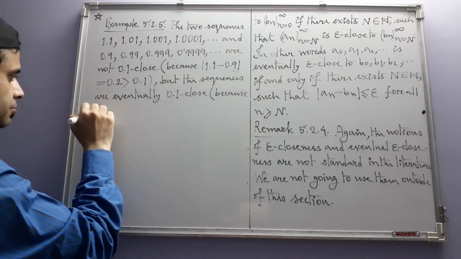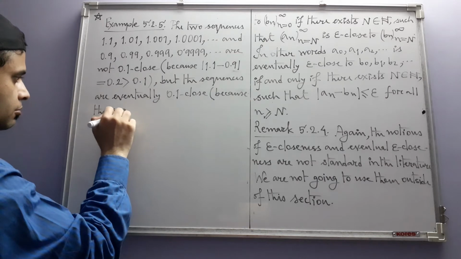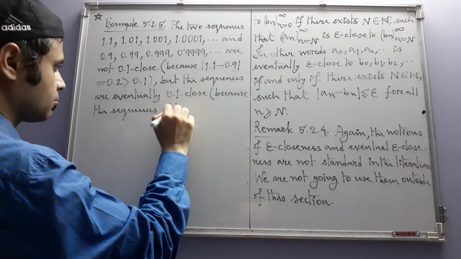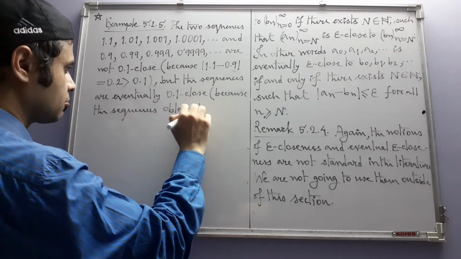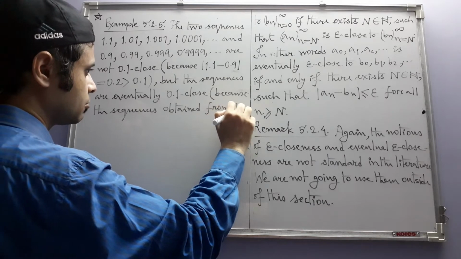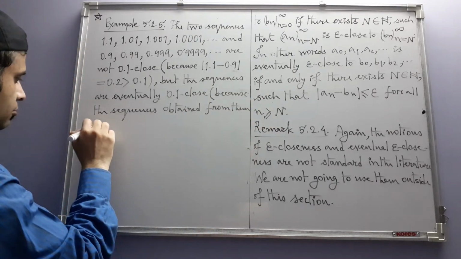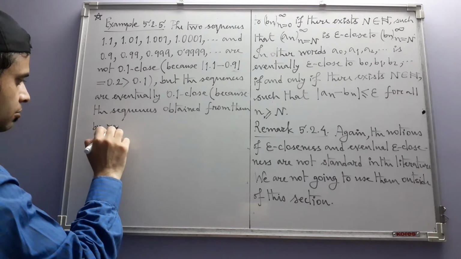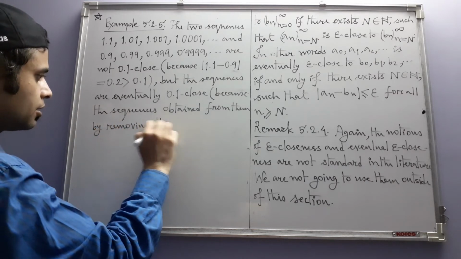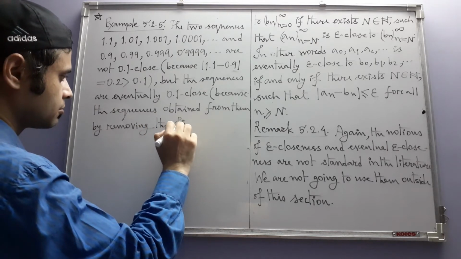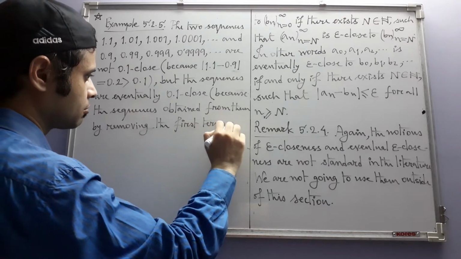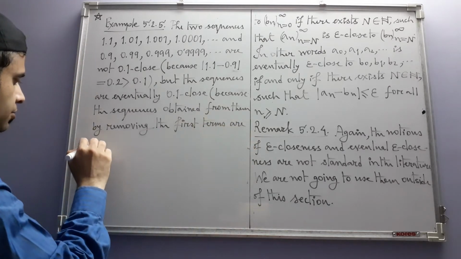Because the sequences obtained from them by removing the first terms are 0.1 close.